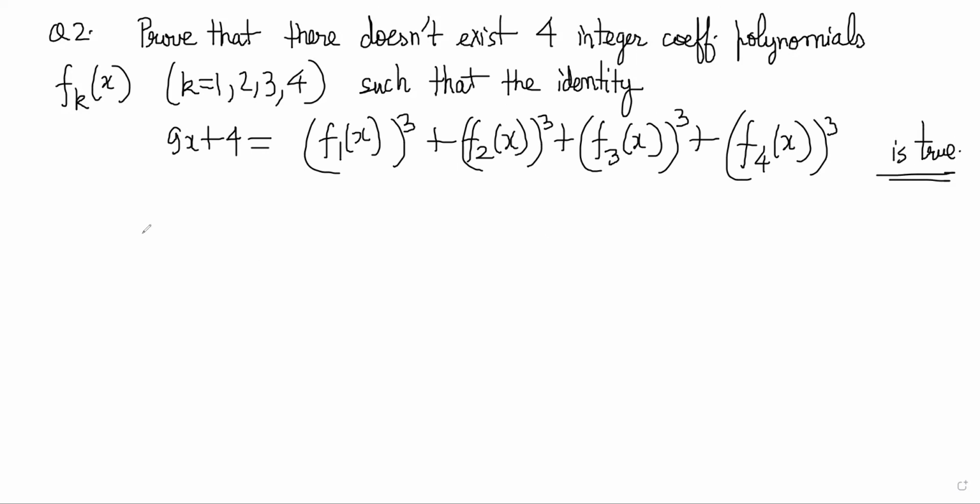We have to show that there cannot exist four different integer coefficient polynomials which satisfy this identity, that the sum of their cubes is equal to 9x plus 4.